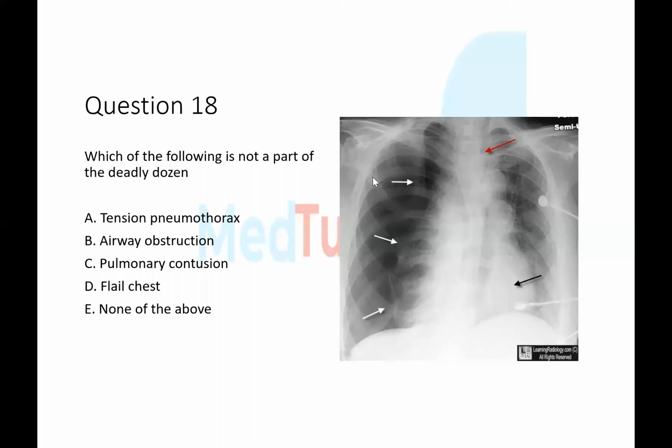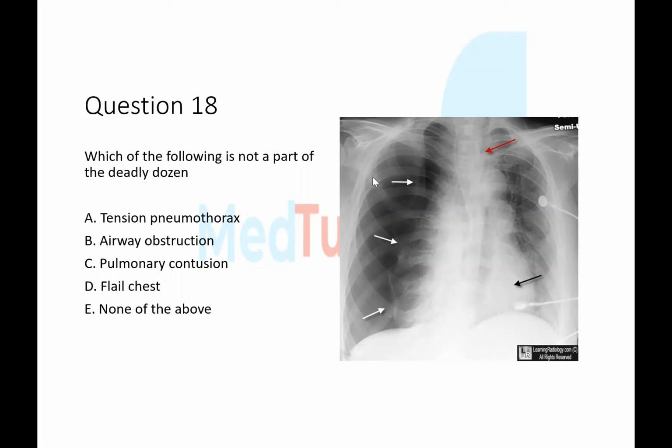So number 18. In this picture, we have more of a tension pneumothorax. You see that the trachea is deviated toward the left side. And where the white arrows are, the lung is being compressed by the column of air from the other side, and it's also pushing the heart towards the left side.